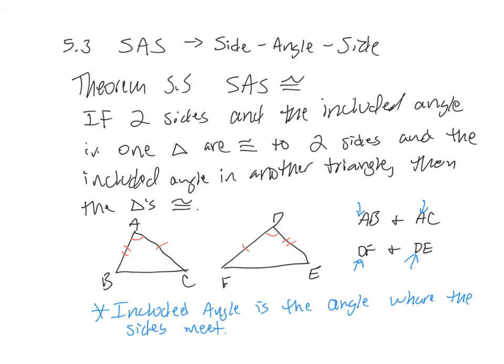So your first few problems are just going to be: name the included angle between the pair of sides, and then there's a picture. Okay, a few different ways to look at it. Then you're going to have a few problems that say decide whether there is enough information given to prove the triangles are congruent using side, angle, side.